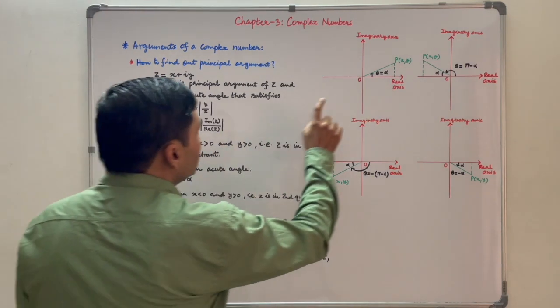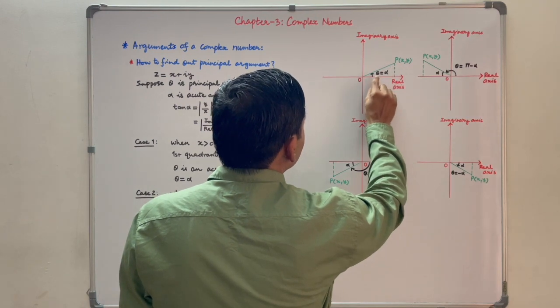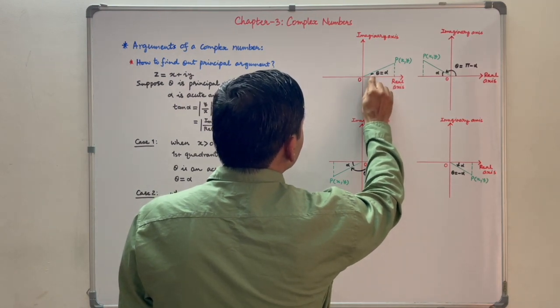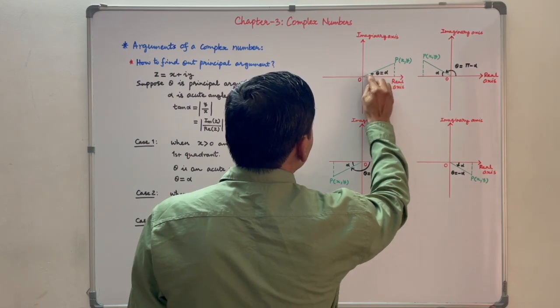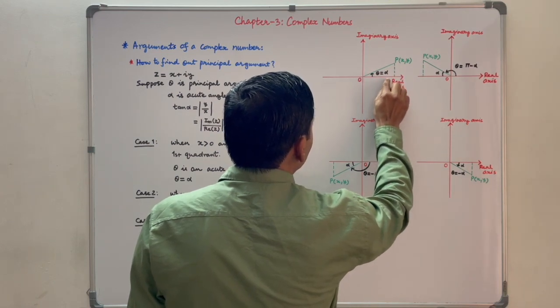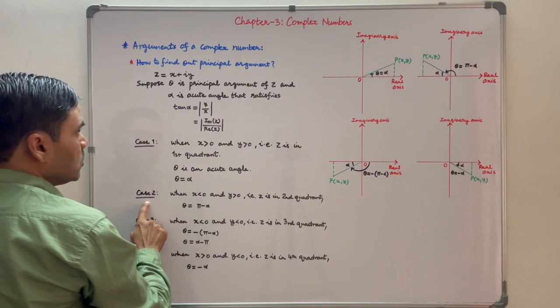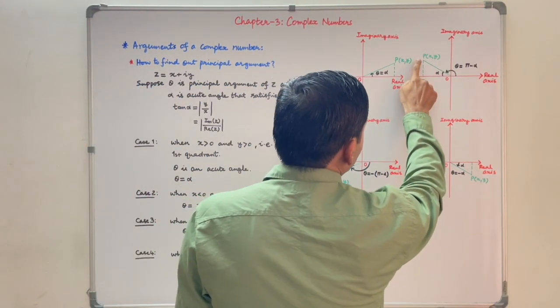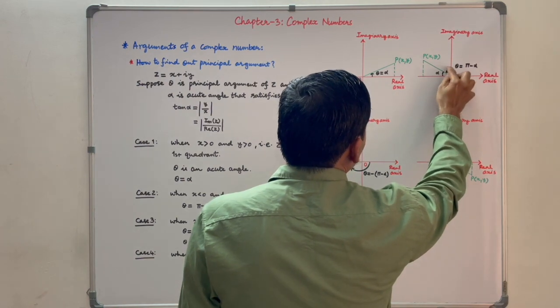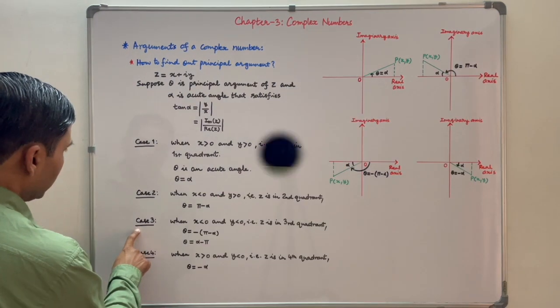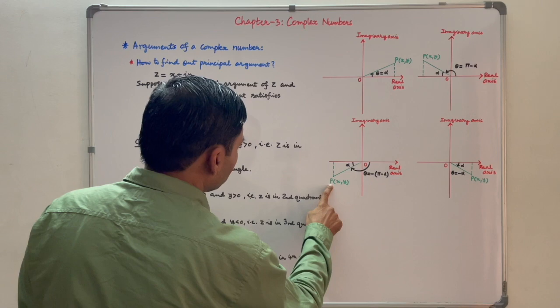In case 1, z is in the first quadrant. This angle is alpha. We know that theta is the angle that OP makes with the positive real axis, so theta is equal to alpha. In case 2, z is in the second quadrant. This angle is alpha, so theta is equal to pi minus alpha. In case 3, z is in the third quadrant.